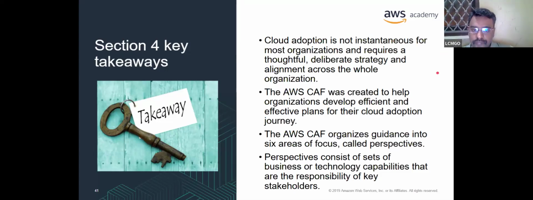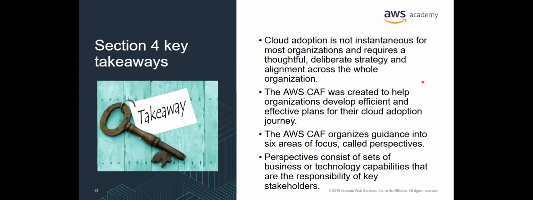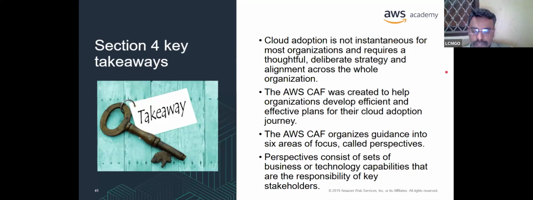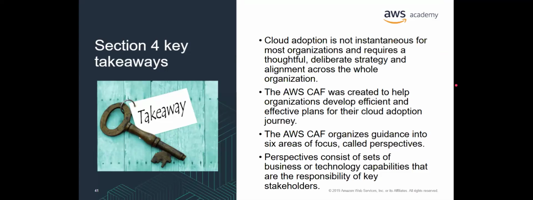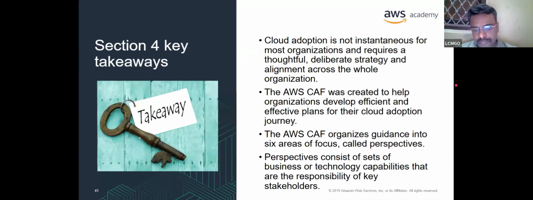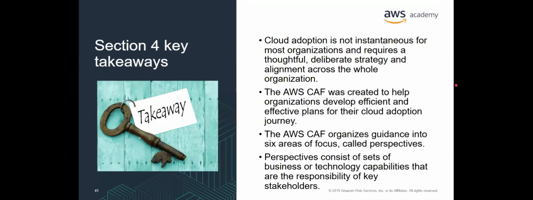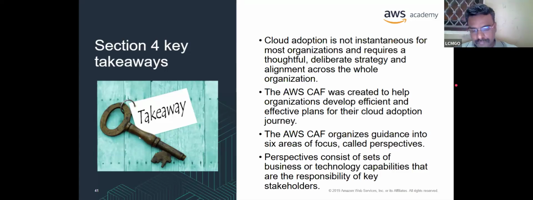The AWS CAF was created to help organizations develop efficient and effective plans for their cloud adoption journey. The AWS CAF organizes guidance into six areas of focus called perspectives. Perspectives consist of sets of business or technology capabilities that are the responsibility of key stakeholders.